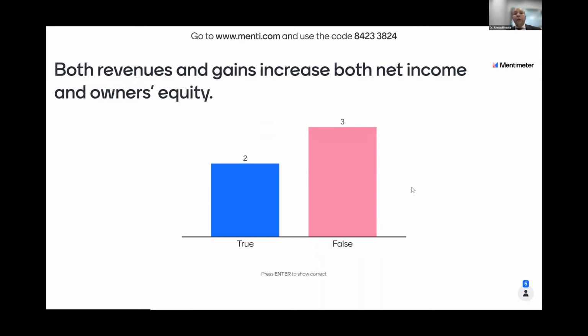Once I generate net income, your capital as owner increases. If you have a loss, what happens to your capital, the money you invested in the company? It will decrease. So yes, net income will increase owner's equity. Revenue will increase net income and will also increase the equity. That's correct, true.